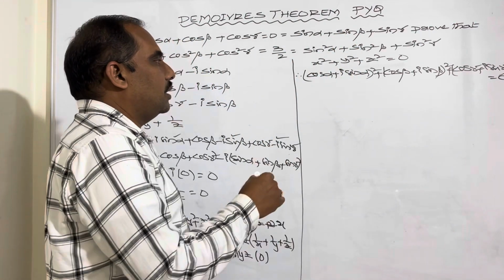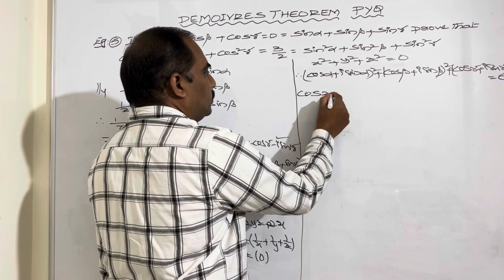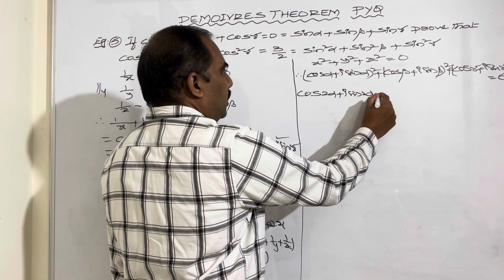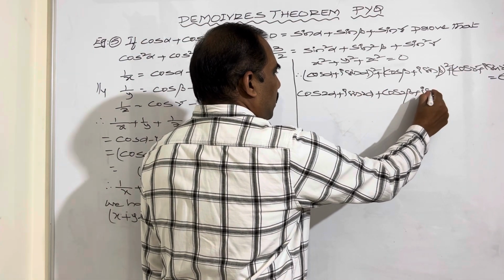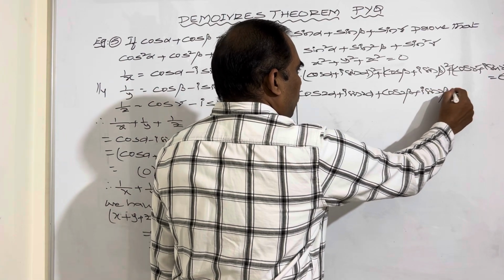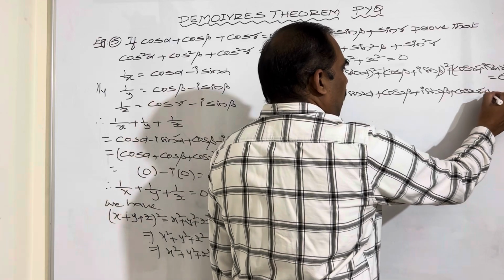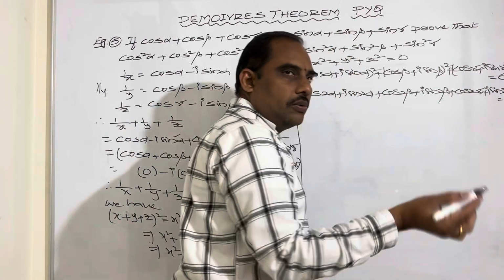Now if you apply De Moivre's theorem here, this becomes cos 2 alpha plus i sin 2 alpha, plus cos 2 beta plus i sin 2 beta, plus cos 2 gamma plus i sin 2 gamma, which is equal to 0 only we get.